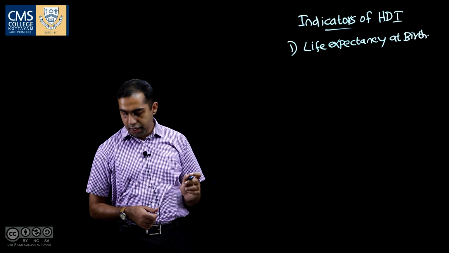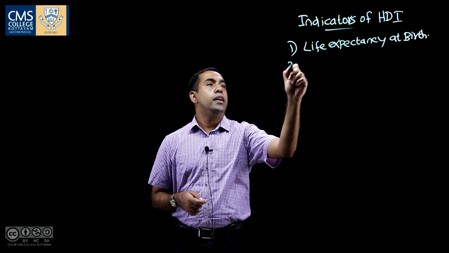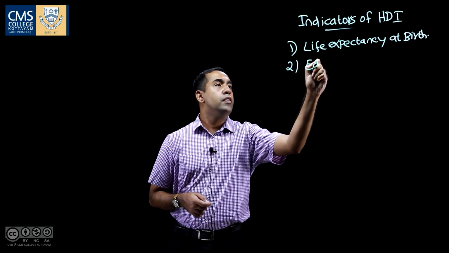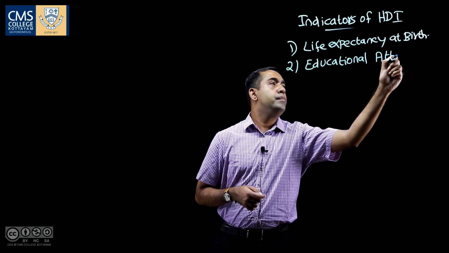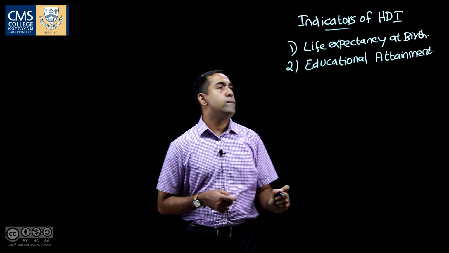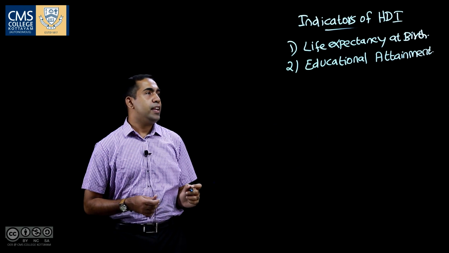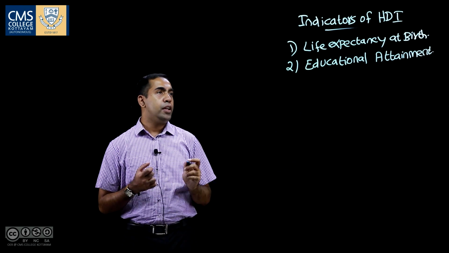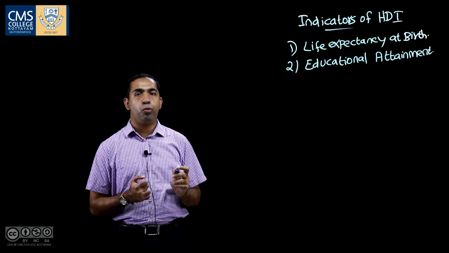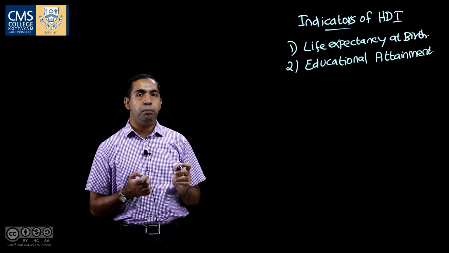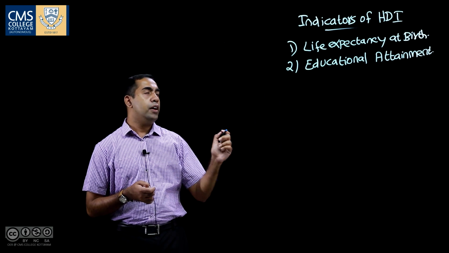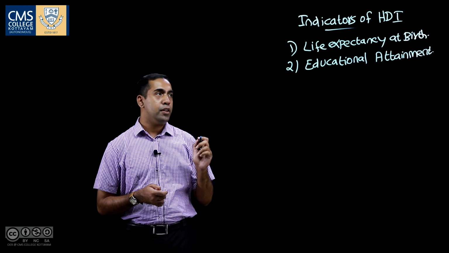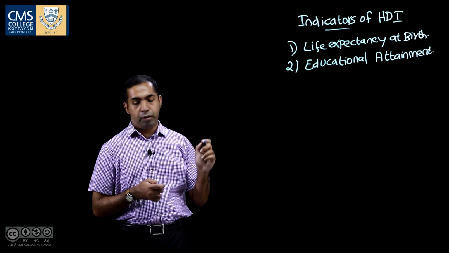The second dimension is educational attainment. So, what is educational attainment? It is the average educational qualifications that a person of a country possesses in his life. The educational attainment is classified under two subheads.